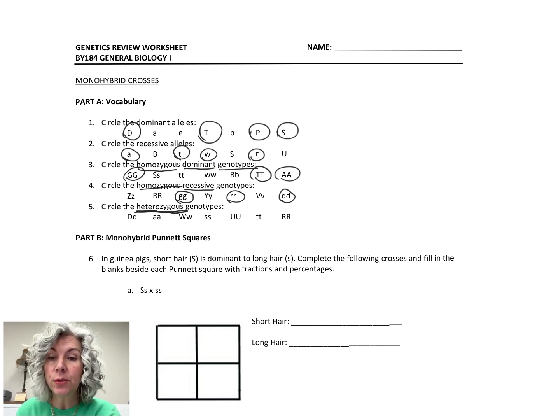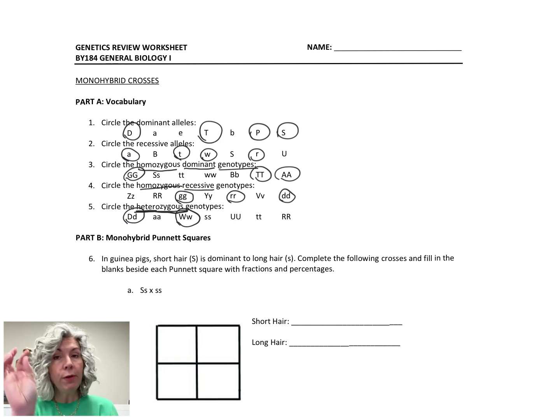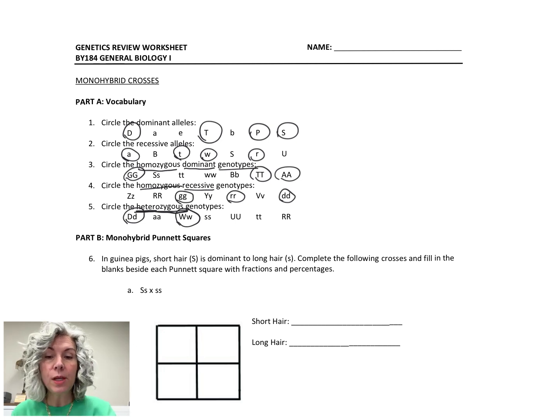So heterozygous would be capital D, lowercase d, capital W, lowercase w. And that's it in that question, okay? So a little vocabulary there, being able to recognize the alleles based on their descriptor. What's dominant, what's recessive, what's homozygous, what's heterozygous, okay?